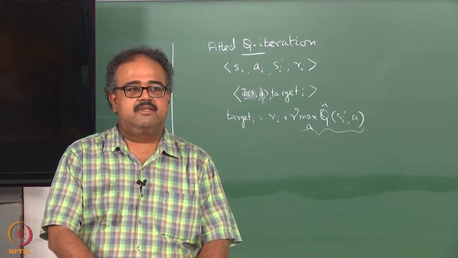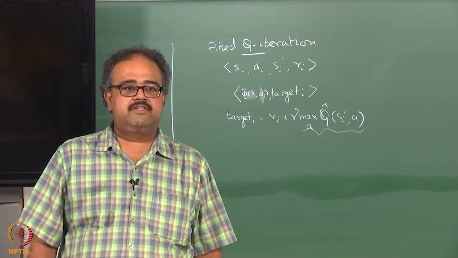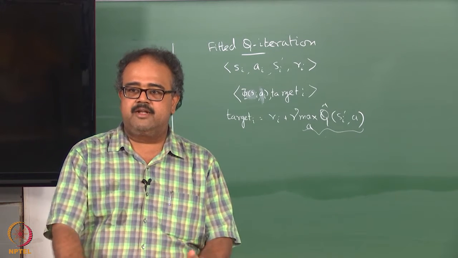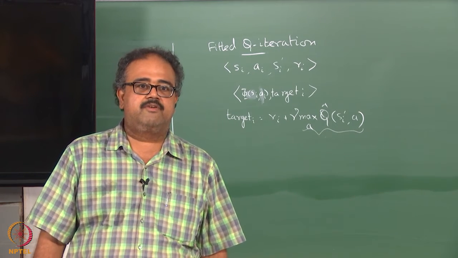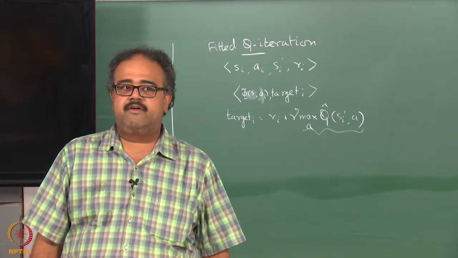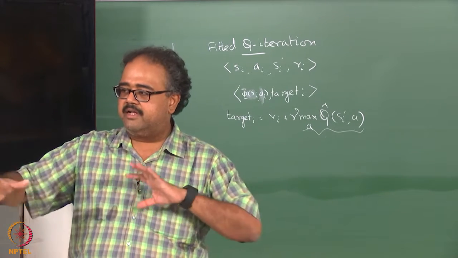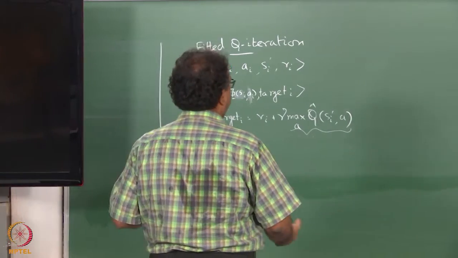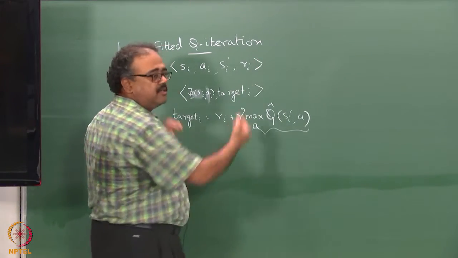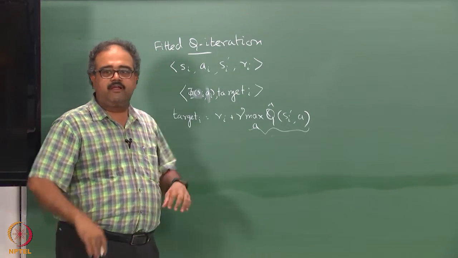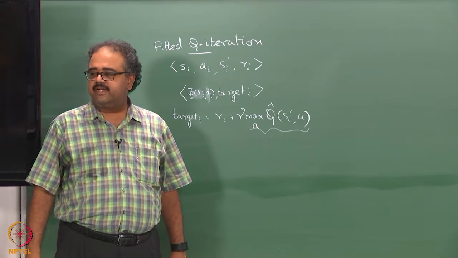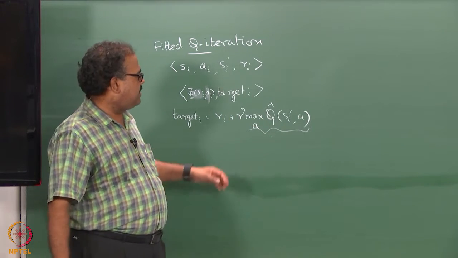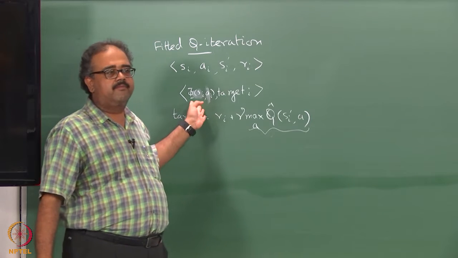Otherwise I really have no meaningful data on which I am estimating that max, or I have to take at least similar looking state action pairs, so that I can use my function approximator to generate the values for those. So, the static training data I work with should be broad enough, representative enough, so that I sample all kinds of state action combinations, at least modulo my phi.